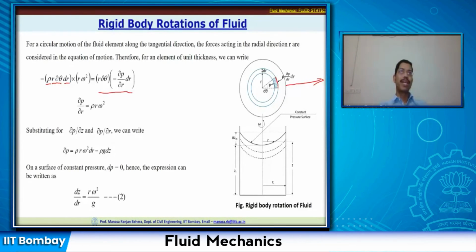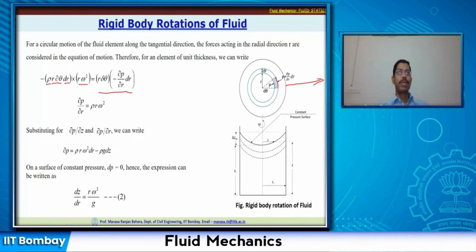Mass into acceleration, where we know the acceleration is R omega square, is equal to this force. So if we equate these two, we can write ∂P/∂R is equal to rho R omega square.